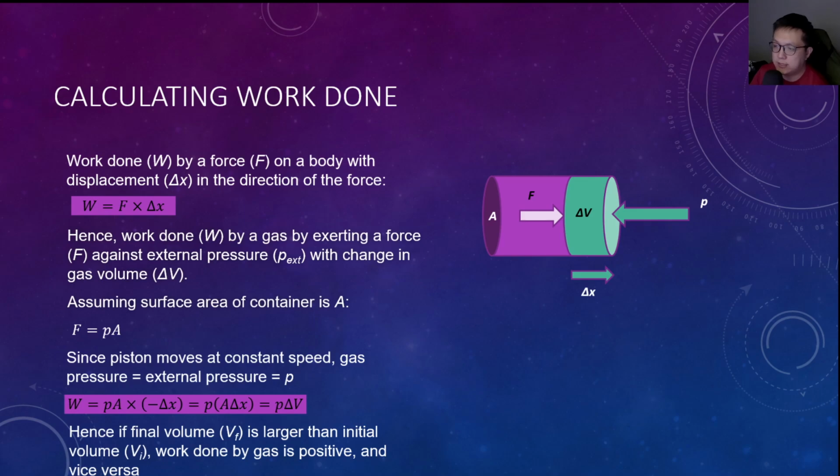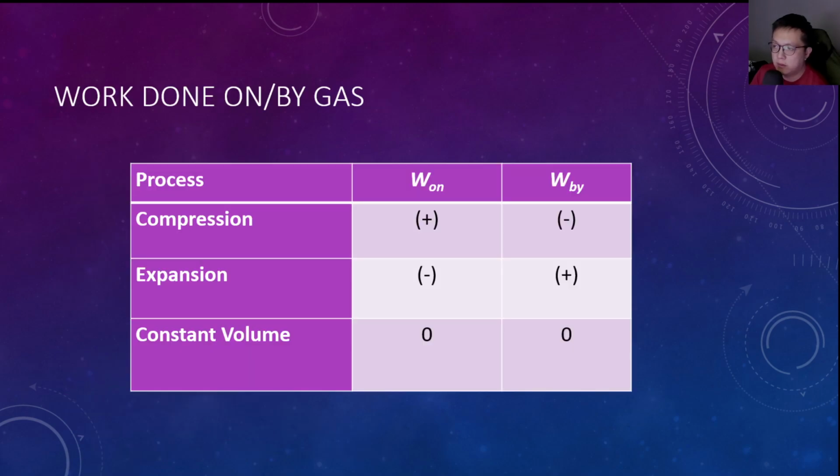But let's look at one example and then it should be clearer. Anyway, this is the summary. If my gas is being compressed, positive work is done on the gas, negative work is done by the gas. If it's expansion, negative work is done on the gas, and positive work is done by the gas. If there's constant volume, there's no work done on or work done by.